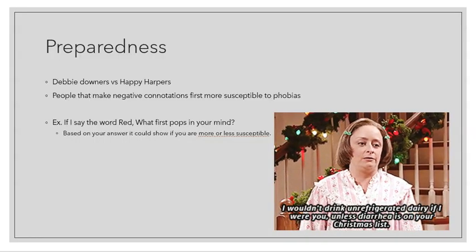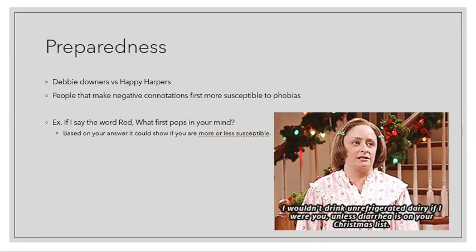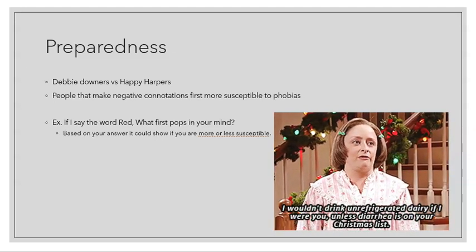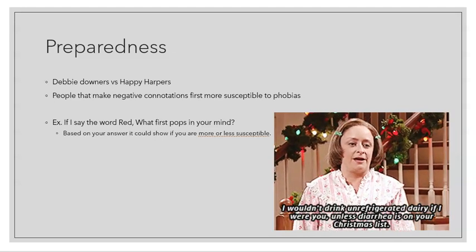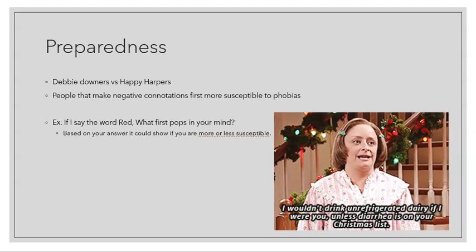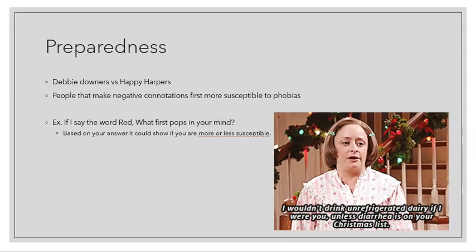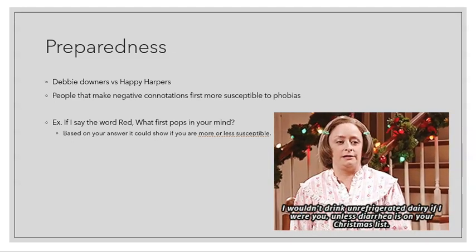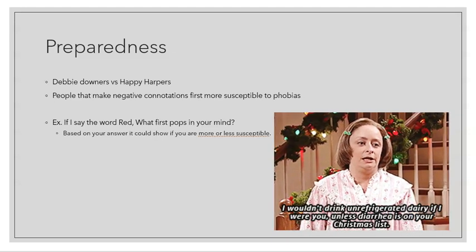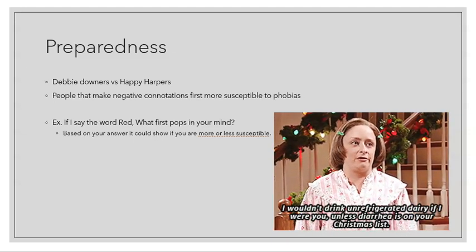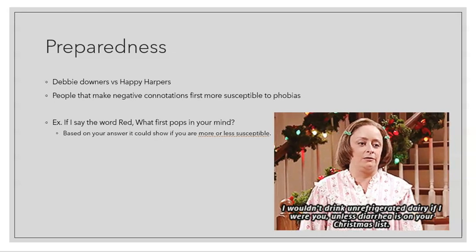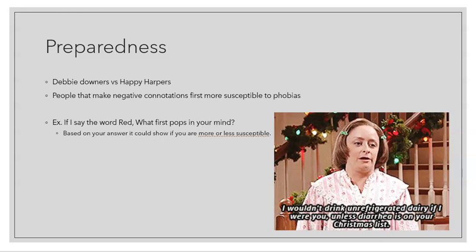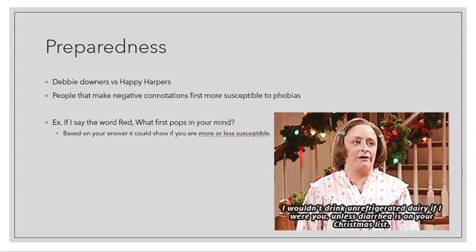Now, another thing is your preparedness. So again, think of someone's personality. Here we're talking not about introverts and extroverts, but more about Debbie Downers versus Happy Harpers. Someone that's a pessimist and always sees things negatively, glass half empty, that kind of thing, is going to be more likely to make a negative connotation with something rather than a positive connotation.